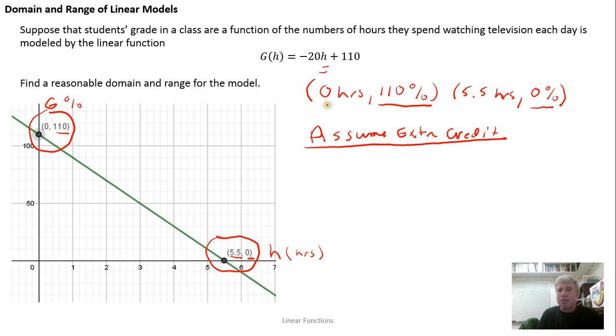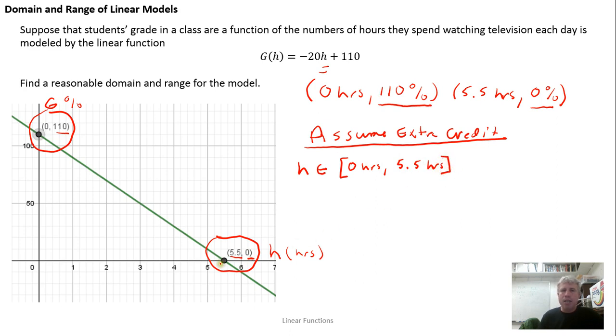So our domain needs to be our inputs. Our inputs are hours. So for the domain, we would say hours need to be an element of the interval, well, we would be going from 0 hours of TV watching all the way up to 5.5 hours of TV watching.